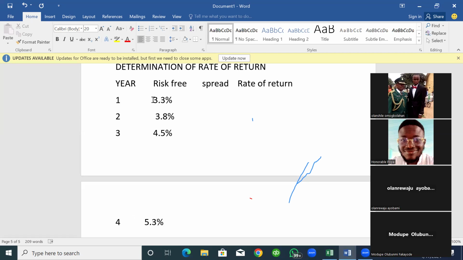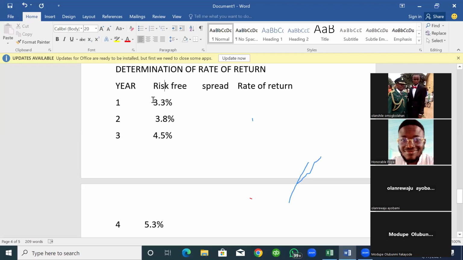So our spread, what is that? The 0.0027 that we got. Someone should be calling the spread for me, while someone is adding it to the risk free. What was the rate of return? Someone should add it up now, please.